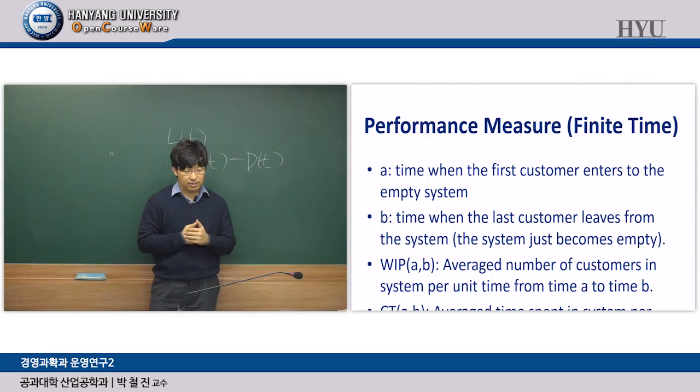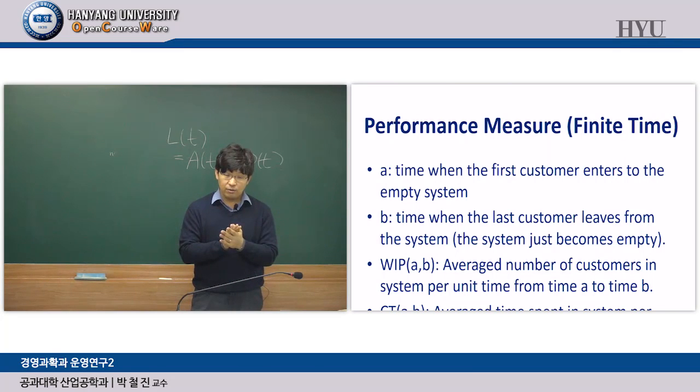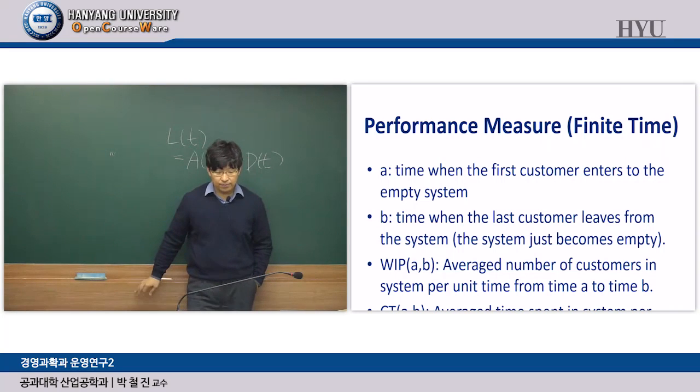A represents the first customer entering this empty system. We are going to start with the empty state, and then B is the return to the empty state. Then WIP from A to B represents the average number of customers in the system per unit time from A to B. We can examine just the time period A to B, and then calculate the average number of customers in the system.